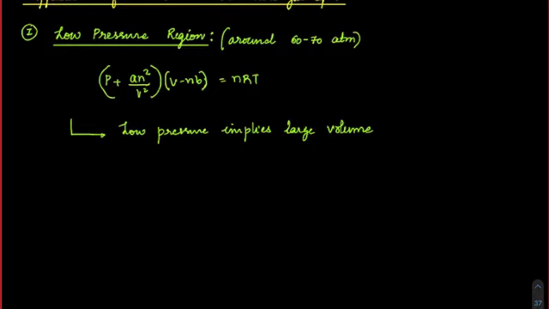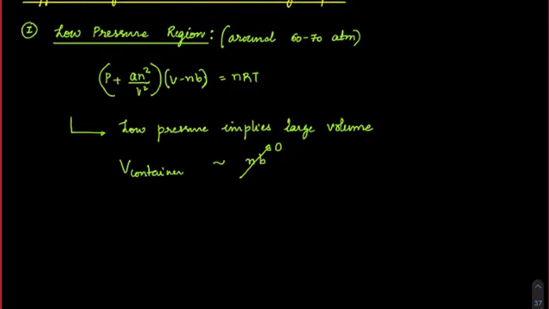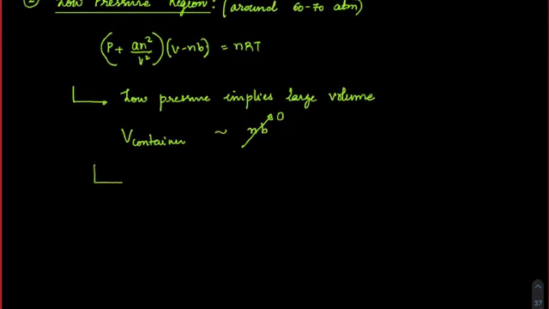If it is a large volume, now if you compare the volume of the container to the nb here, this is too small, correct? We can always ignore this. That's what we are doing now, so we are ignoring the nb factor.